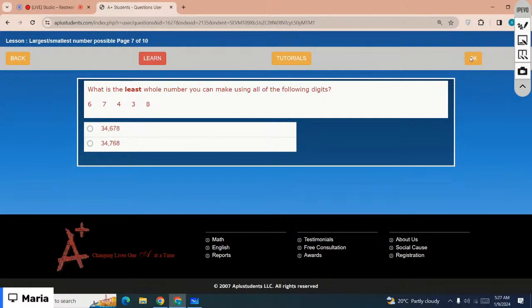What is the least whole number you can make using all the following digits? So which is the correct option?